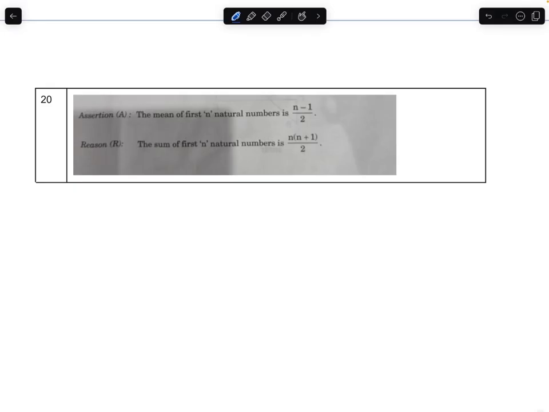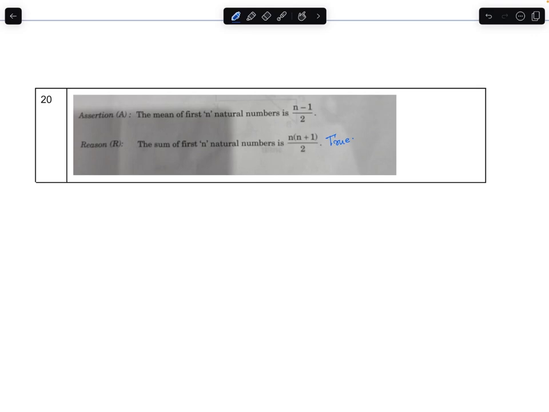Question 20. The assertion says the mean of the first n natural numbers is (n minus 1) by 2. And the reason is the sum of the first n natural numbers is n into (n plus 1) by 2. Here the reason is true, that is the sum of the n natural numbers is given by n into (n plus 1) by 2.